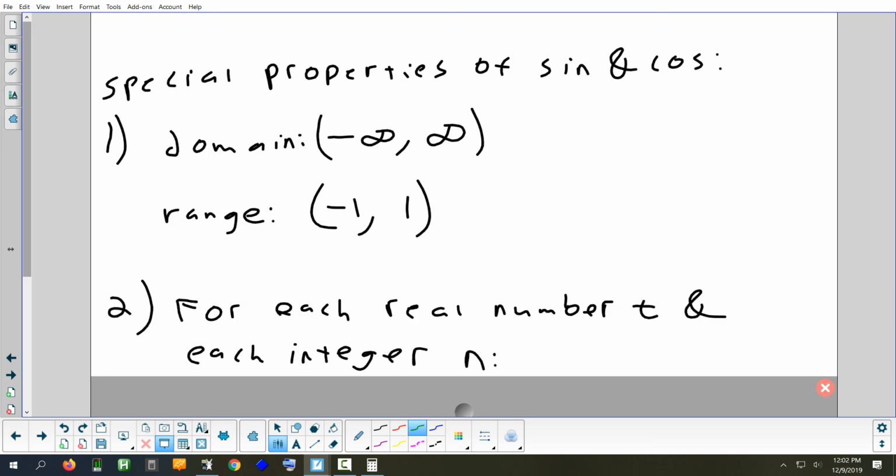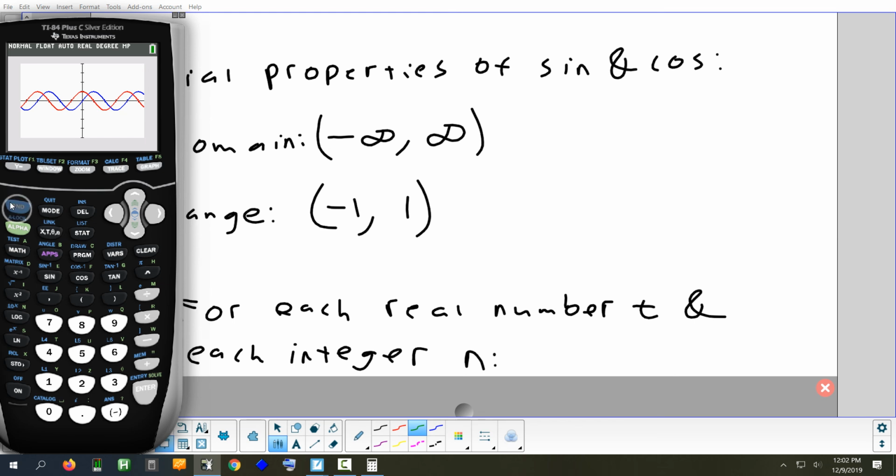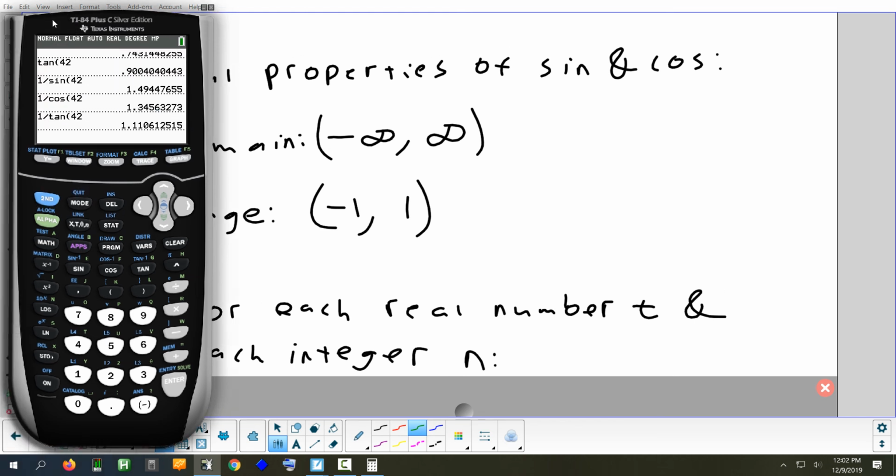And now, the last thing is, what did I say earlier that you can add or subtract over and over and it won't mess up your answer? 360. So if I did the sine of 10, I get that. What's 360 plus 10? 370. It's the same thing.